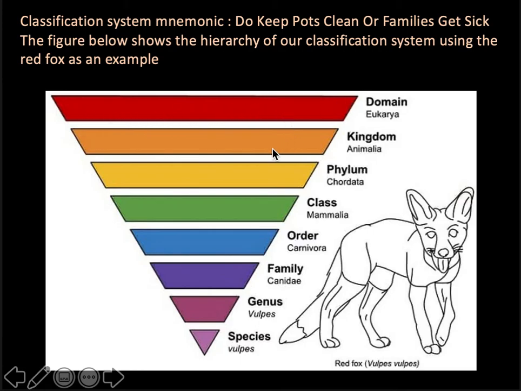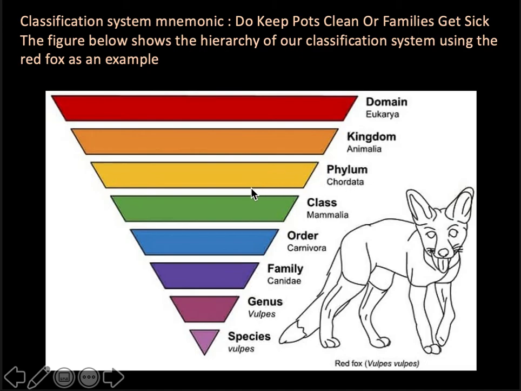Then you'll have different kingdoms. Some of the organisms in this domain will go into the Animalia kingdom, but others will fit into the other kingdoms like plants, fungi, etc. Within this animal kingdom, some of those animals will be in the phylum Chordata, which have a spinal cord.